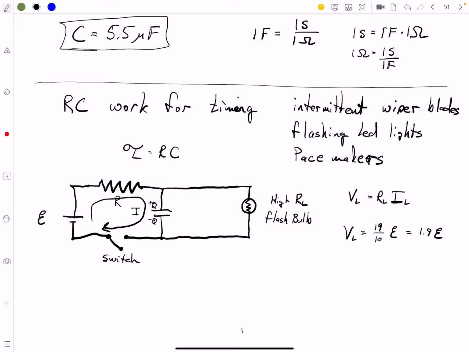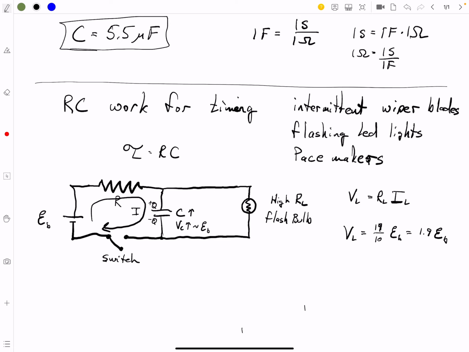And that means that once this capacitor rises up so that its voltage goes up to the point where it's almost equal to the supplied battery EMF, then the total voltage will be 2 times that. And then once it gets close to being equal, then that flash bulb will go off.